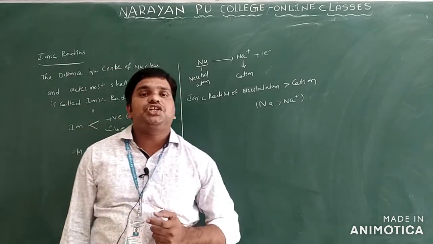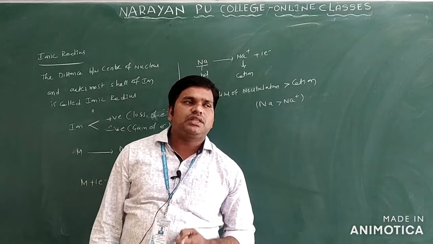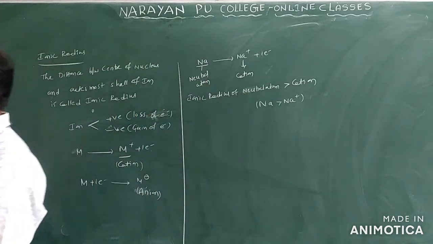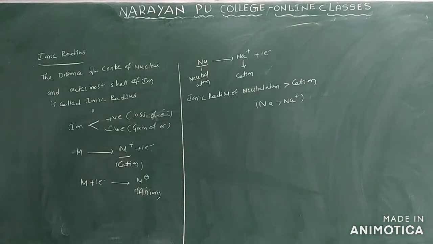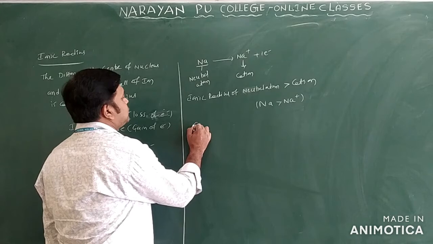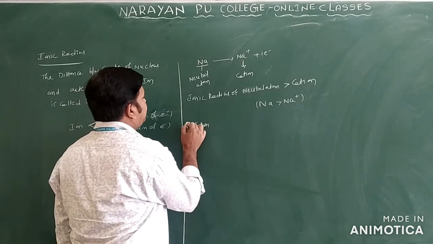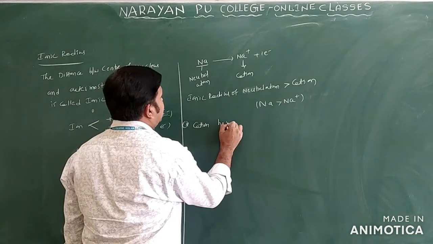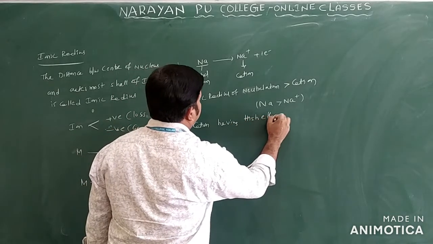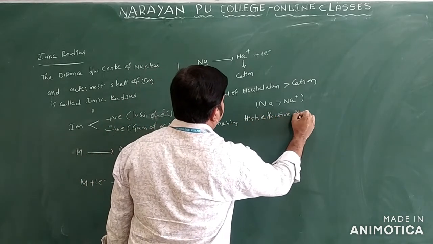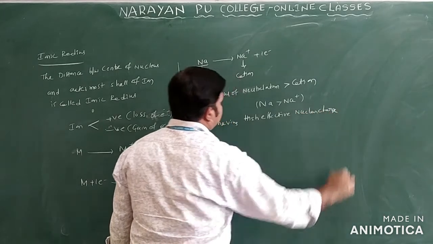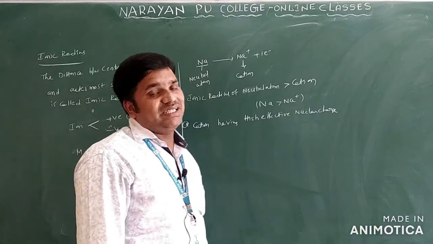There is a change in nuclear charge. The nuclear charge may increase or decrease. So what is the reason? The cation has a high effective nuclear charge. When the nuclear charge increases, the size decreases.